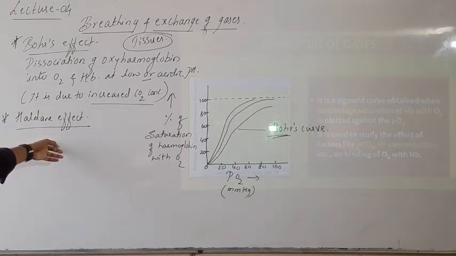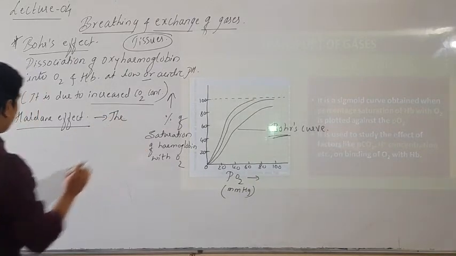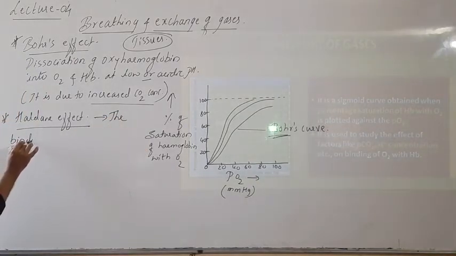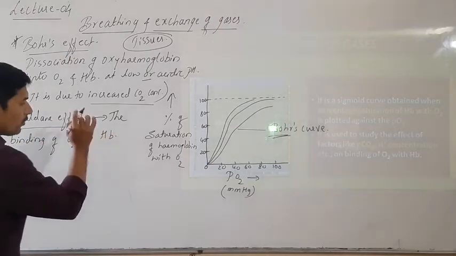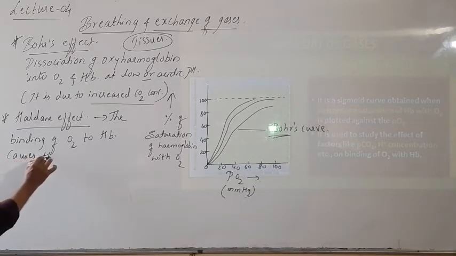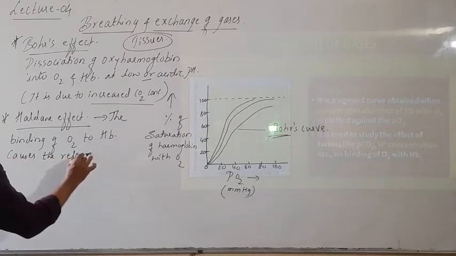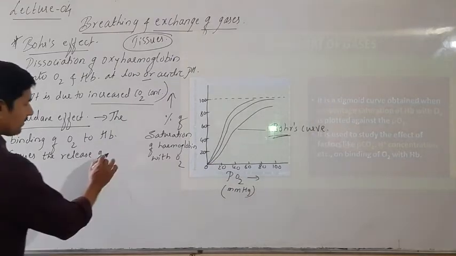If you look at the Haldane effect, the binding of O2 to Hb, that means oxygen will bind to the hemoglobin, causes the release of CO2 from blood.